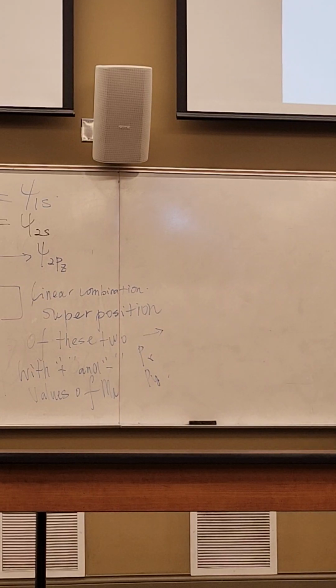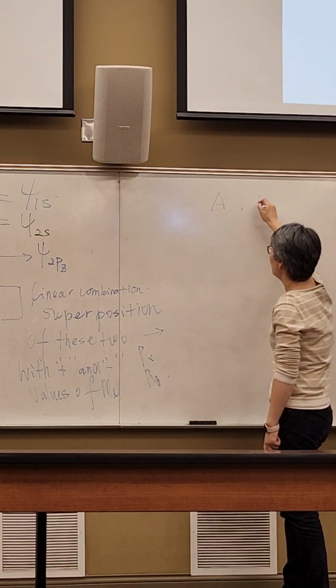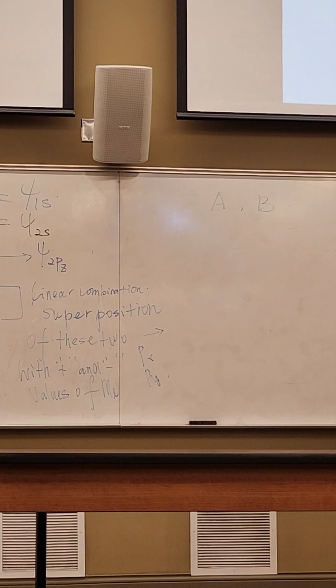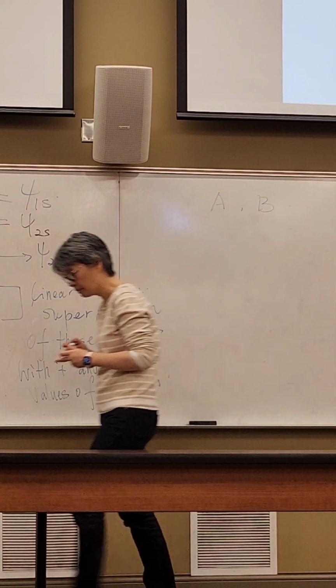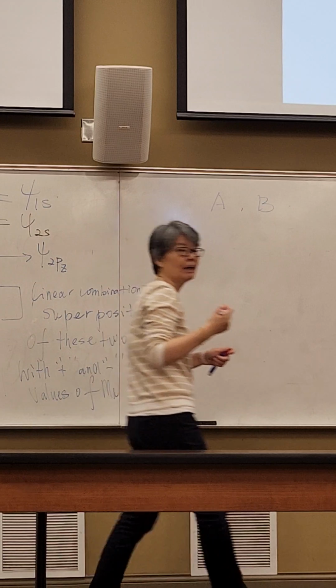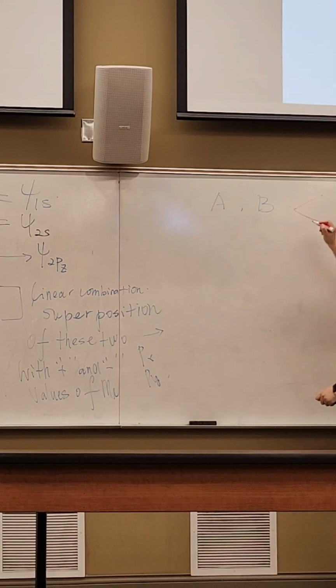Now, what is a linear combination? Okay, so if I have A and B, just simplify it, I have A and B. If I do a linear combination, mathematically, how do I do it, guys? Mathematically, you have two ways of doing it. Any guess? Linear combination.